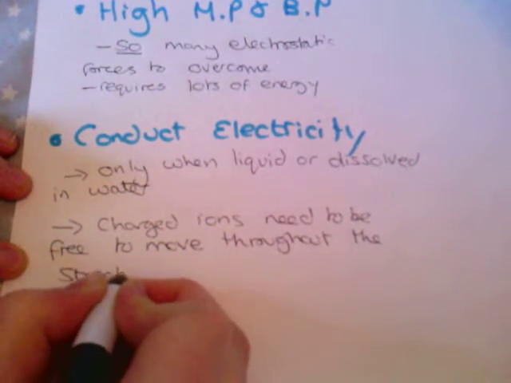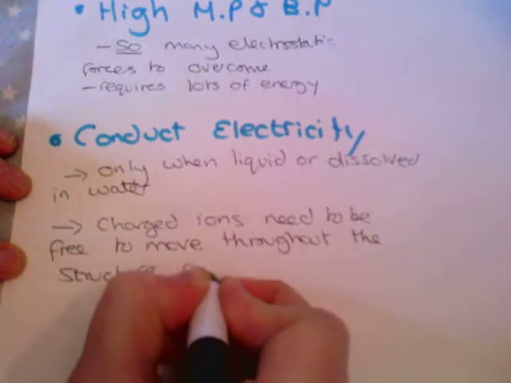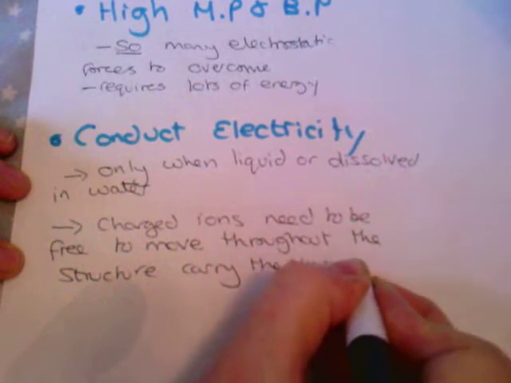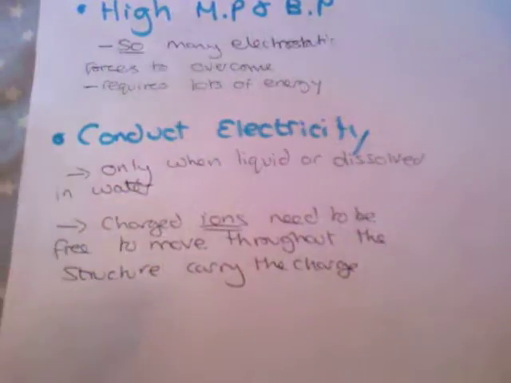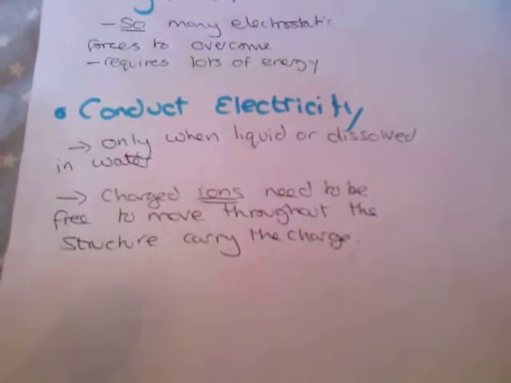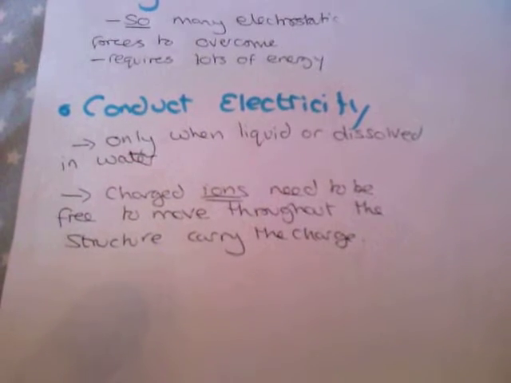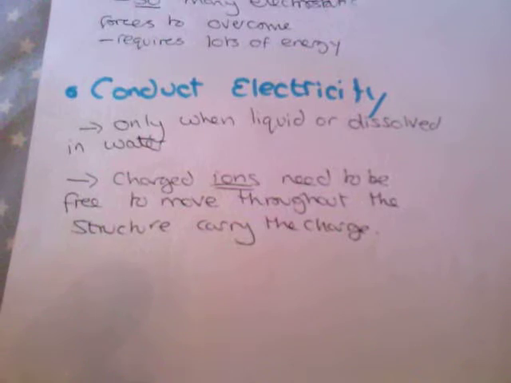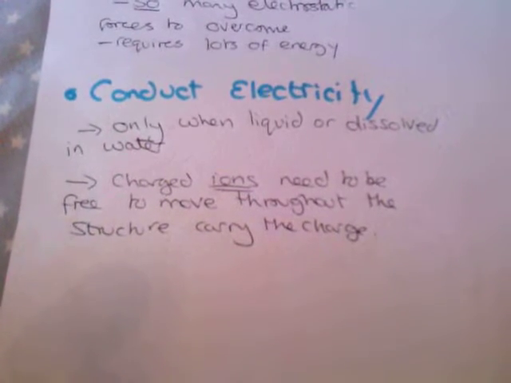And the key bit there is it's ions, okay? It's not like in graphite, or it's not like in metallic bonding where they've got delocalized electrons. In this case, we've got charged ions that are free to move throughout the structure and carry the charge. Any question on electricity, you're looking for the phrase carry the charge probably, and free to move throughout the structure.